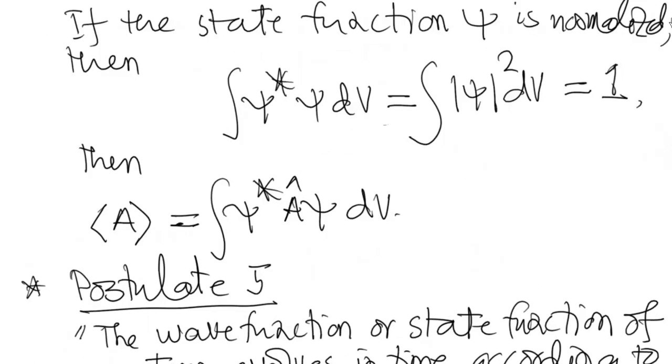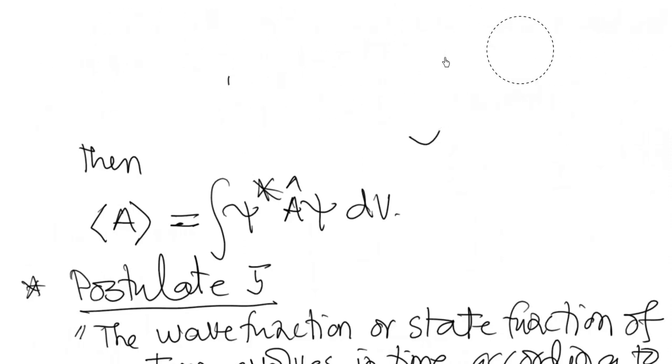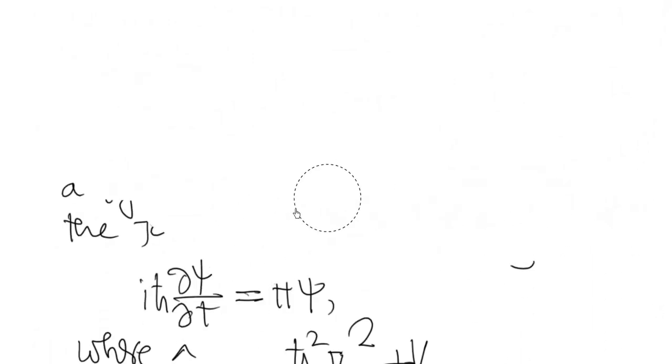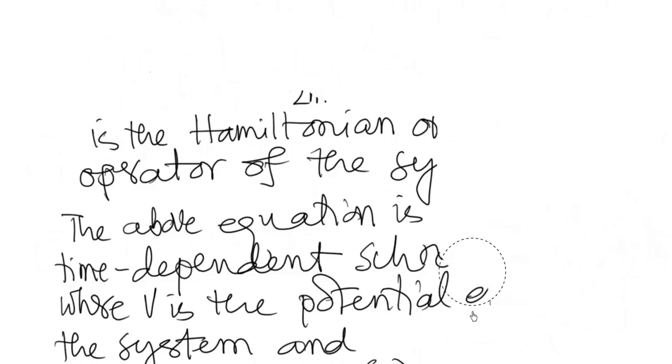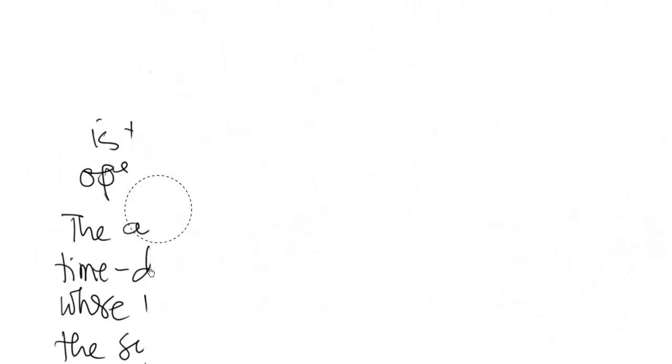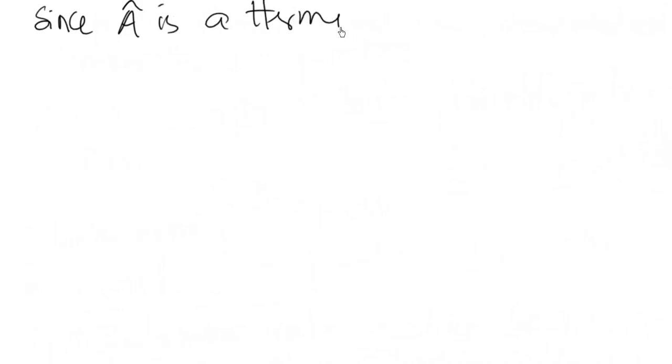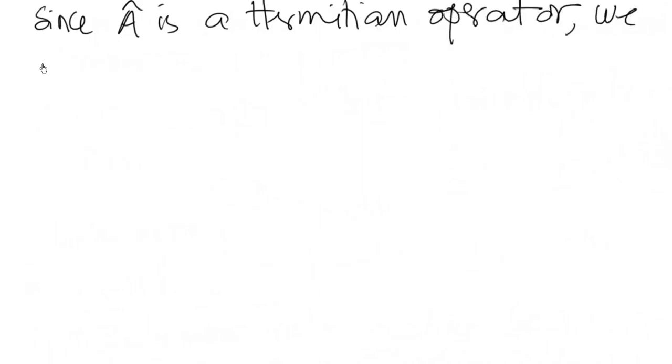We know for Hermitian operator, since A hat is a Hermitian operator, we have this. This is from definition of Hermitian operator.